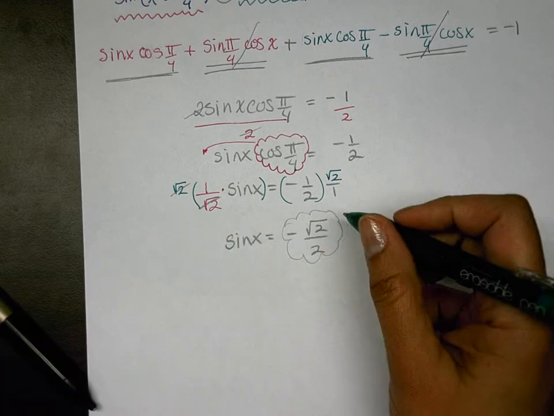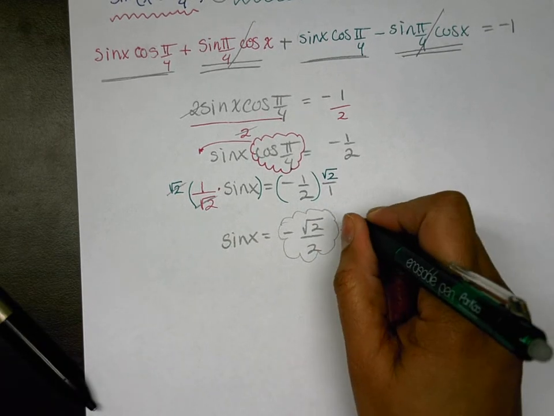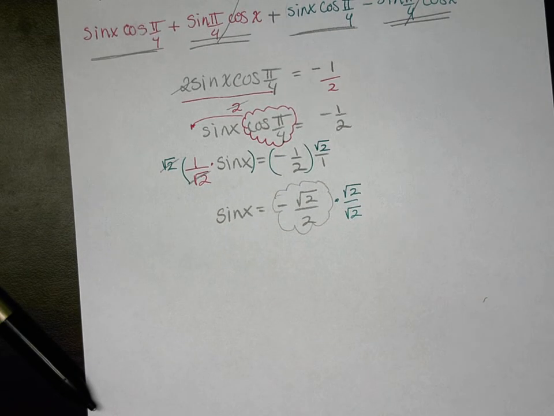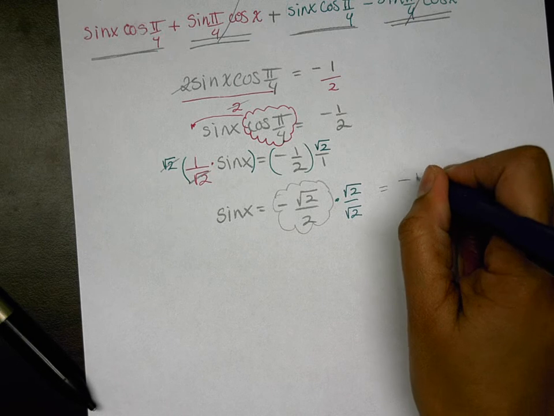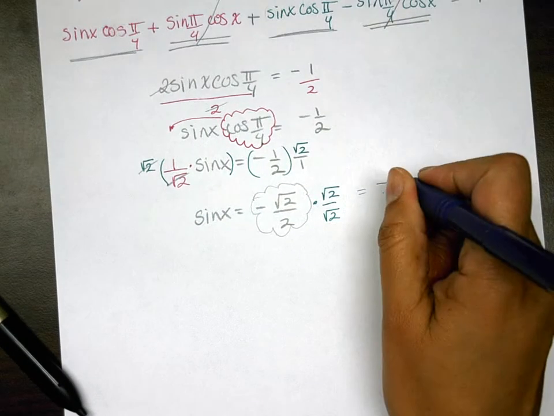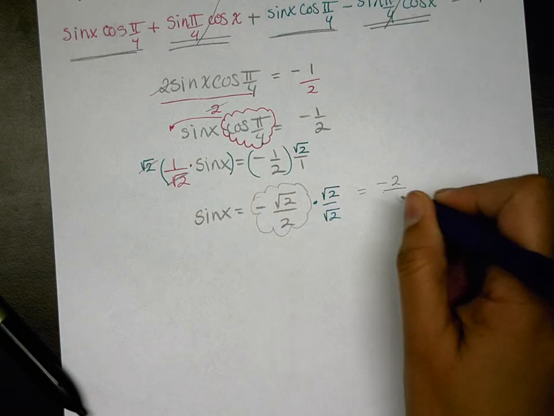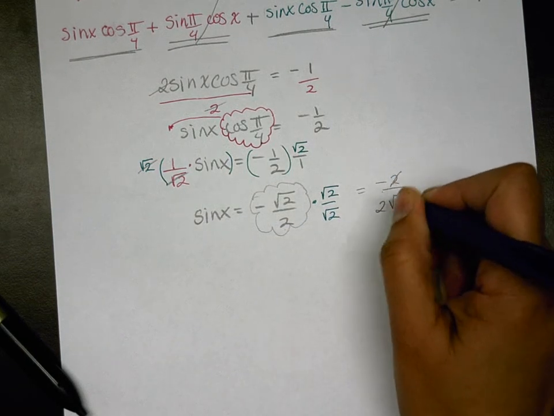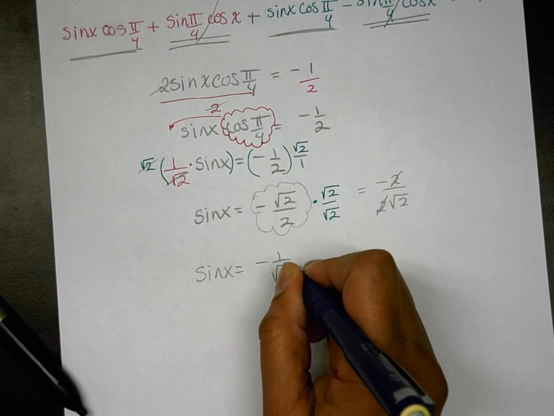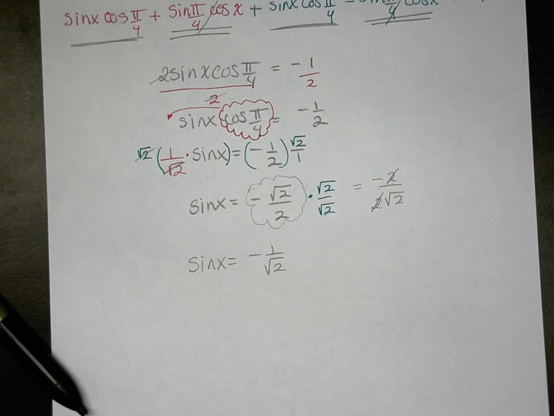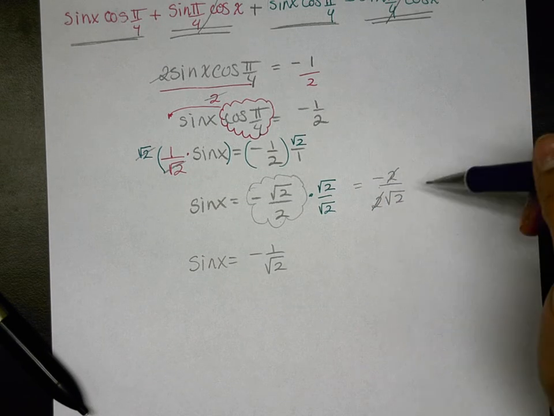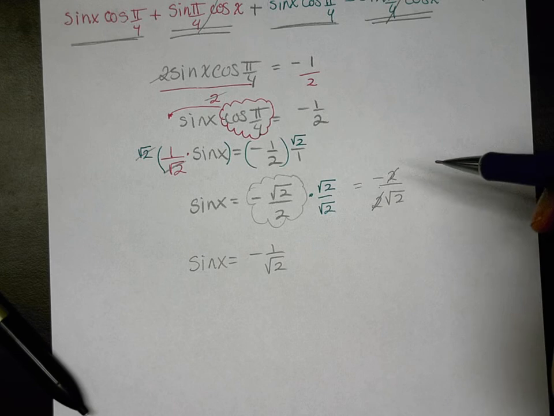If you don't remember that it's 1 over root 2, you multiply top and bottom by root 2 to unrationalize, and that gives you negative 2, because root 2 times root 2 is 2. And then I have 2 root 2 at the bottom. And does that, as you guys said, become negative 1 over root 2? Okay, so if you remember that root 2 over 2 is 1 over root 2, do you have to do all this unrationalizing business? No, you do not. That's only there in case you forgot it.